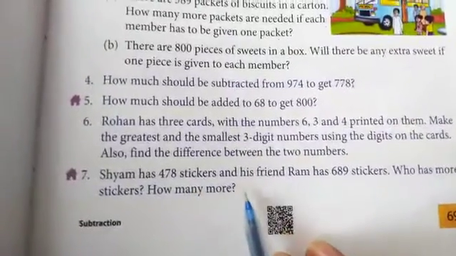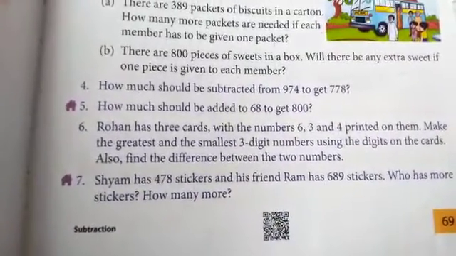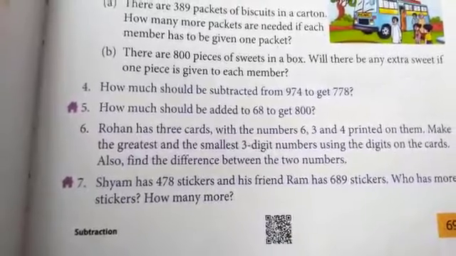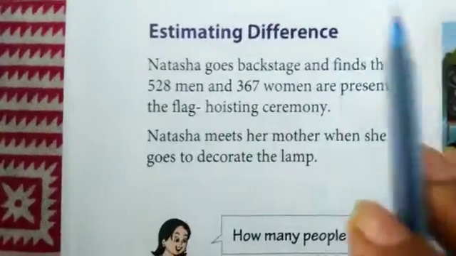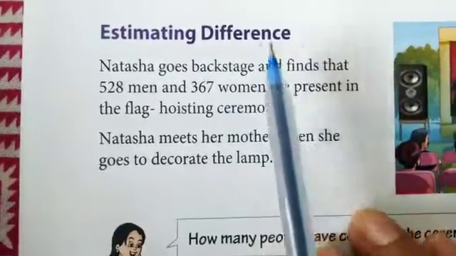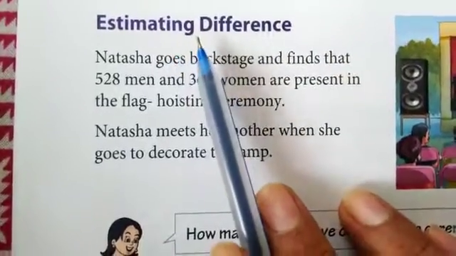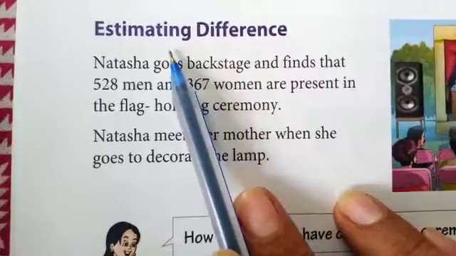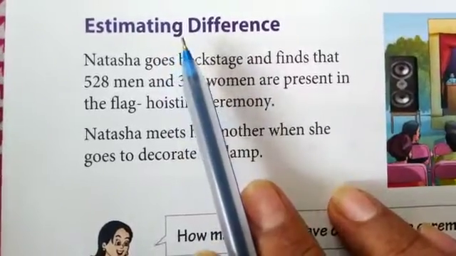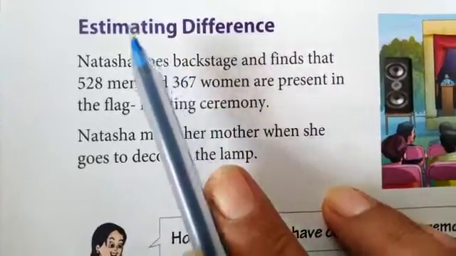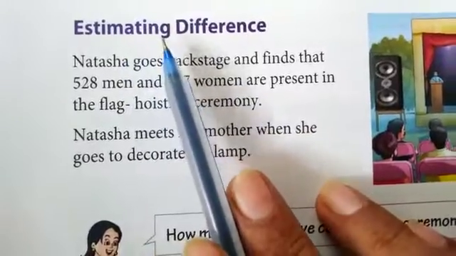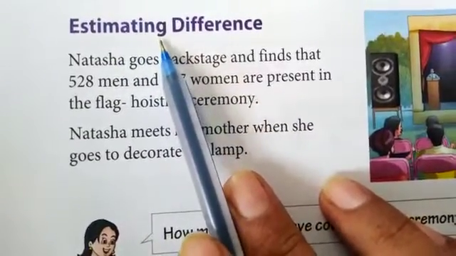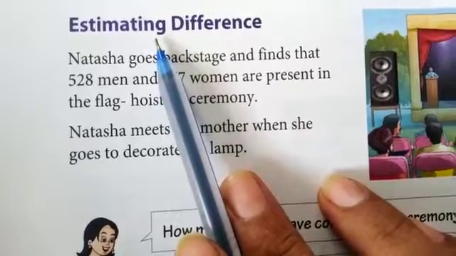Question number 7 is your homework, and now we are moving to the next topic, which is estimating difference. I hope we all know very well what is meant by estimation, right? Let me remind you again. To estimate the numbers, we have to round off the numbers.